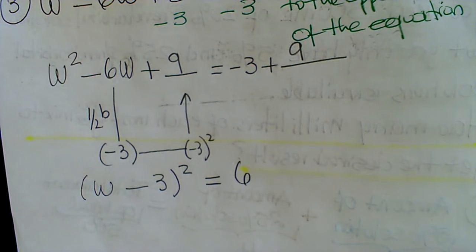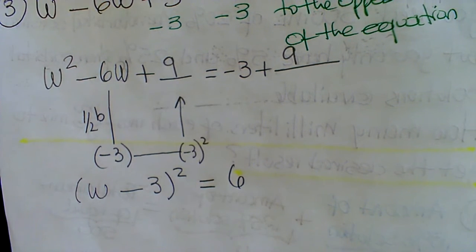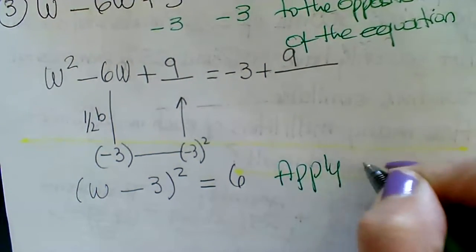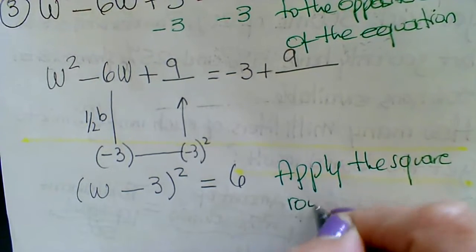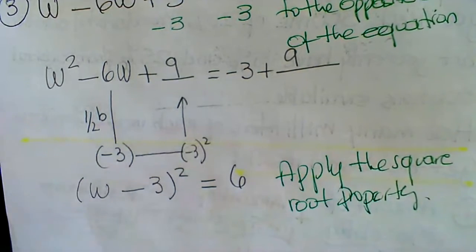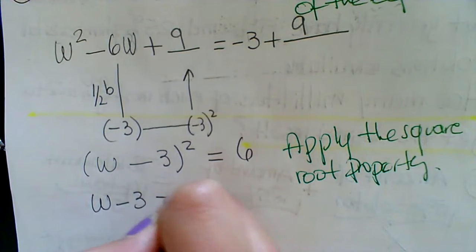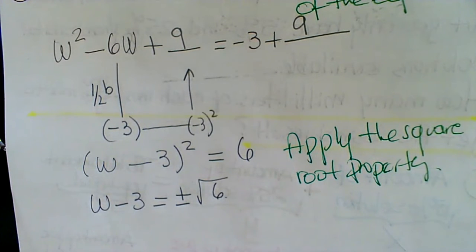What comes next? I need to apply the square root property. So that's going to be w minus 3 equal to plus and minus the square root of 6.